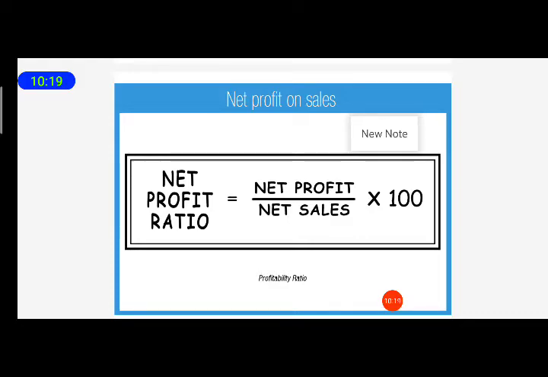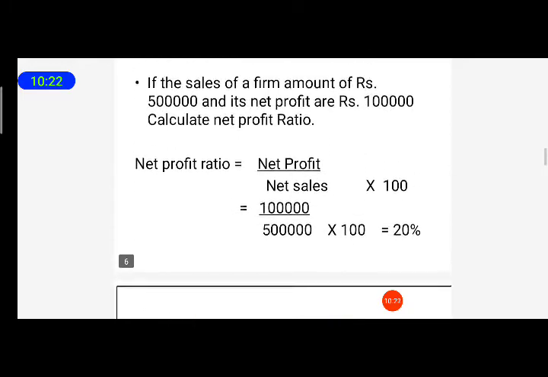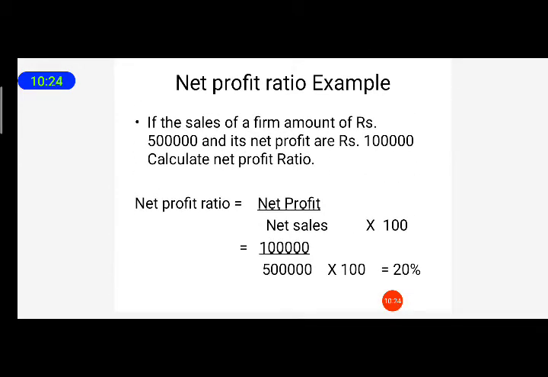For example, if the sales of a firm amount to rupees 5 lakh and its net profit is rupees 1 lakh, calculate the net profit ratio.